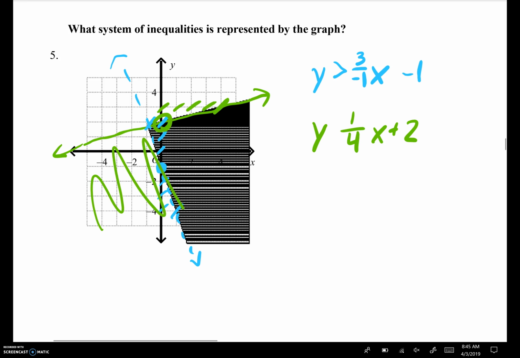Again, extend your shading out. I shaded below, so let's just look at it below. I shaded the smaller y values, so it's less than. And it is less than or equal to because I have a solid line. So that's a system of inequalities that are represented by the graph.